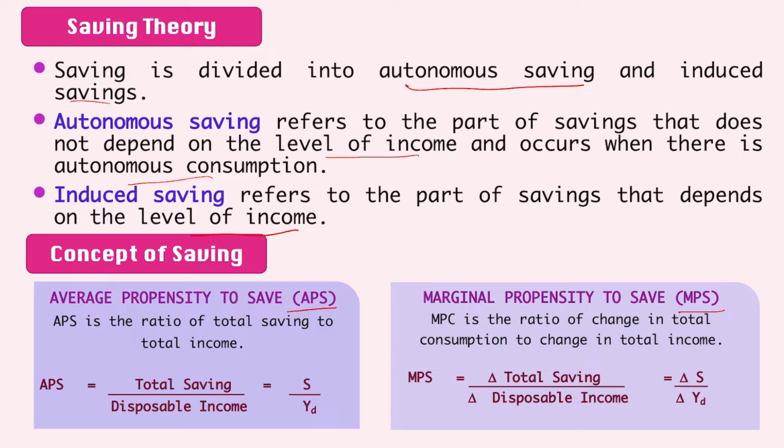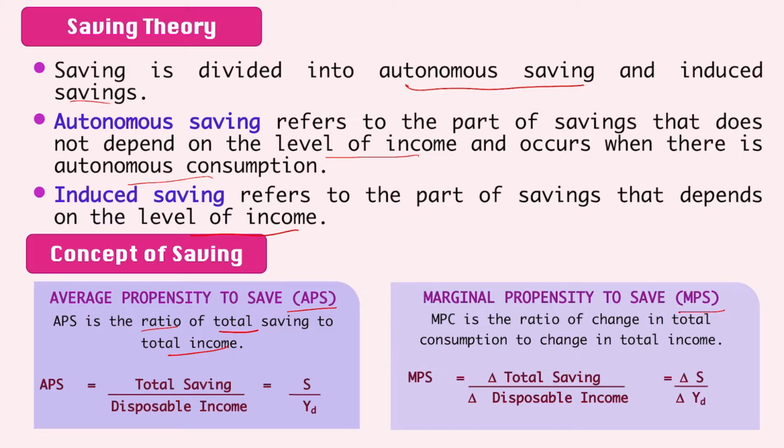Let's look at what APS is. It is the ratio of total saving to total income, meaning the part of your income that is used for saving. So that is the APS: total saving divided by disposable income.